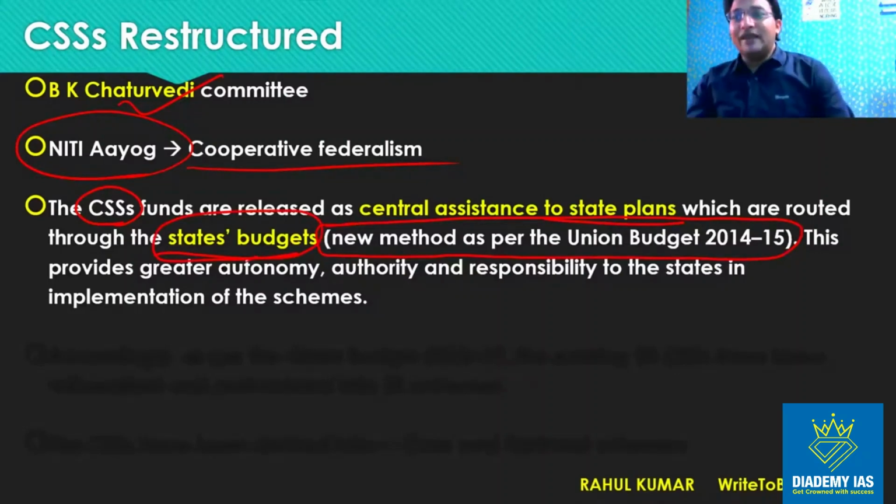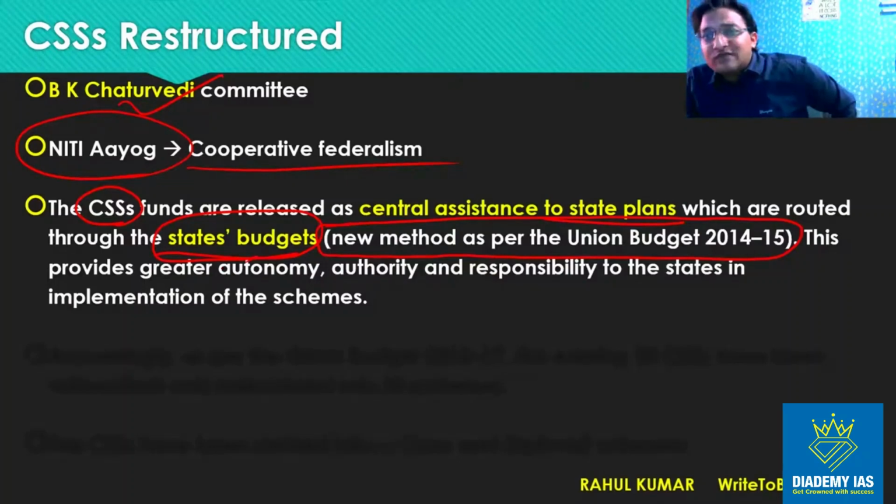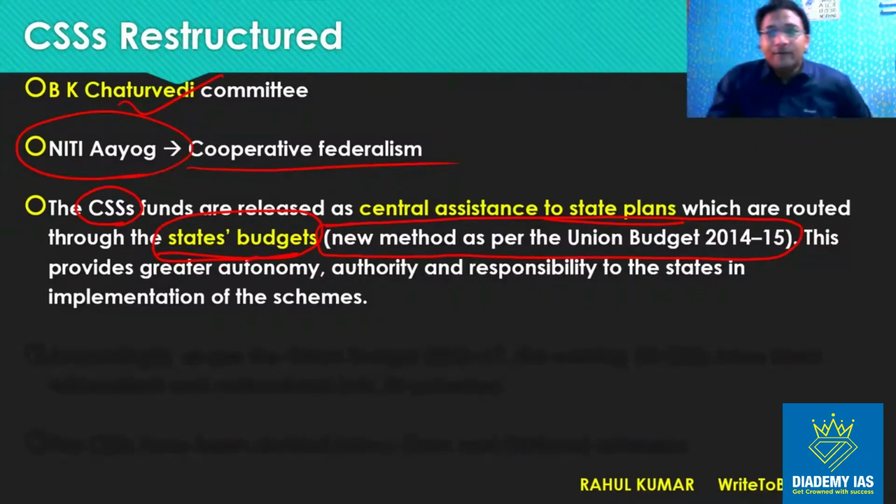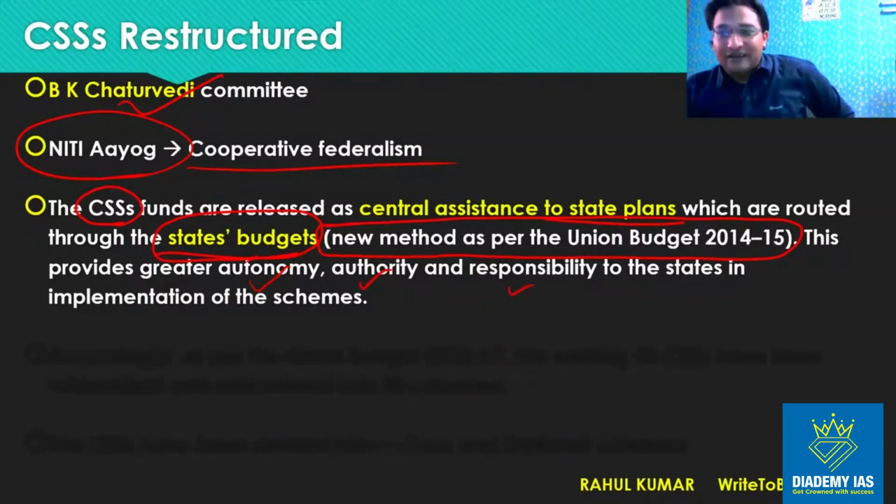Rather than making the funds conditional, we want to make them unconditional, and we want to give maximum funds through the state's budget. This new method started after the budget of 14-15. So what will be the benefit of this new system? It will provide more autonomy, more authority, and more responsibility to the state in the implementation of the schemes.